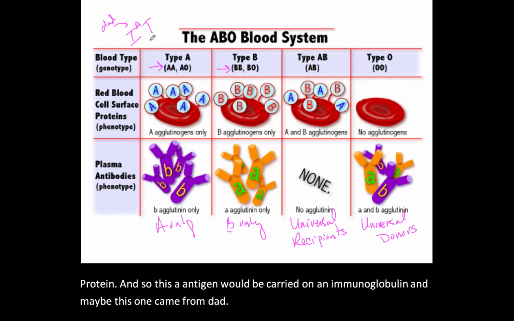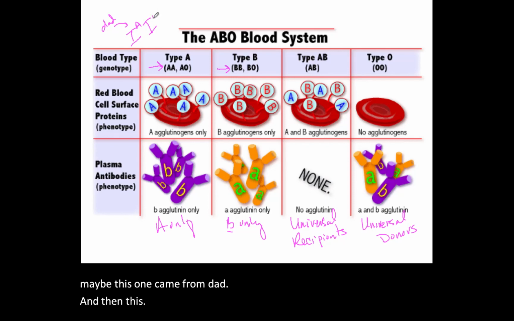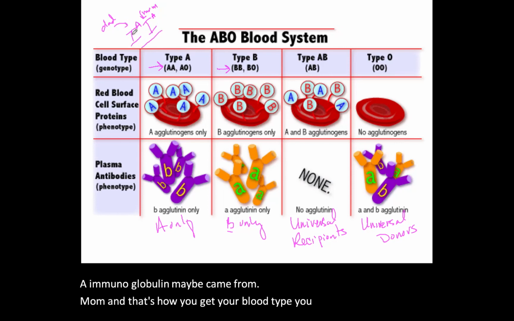And then this A immunoglobulin maybe came from mom. Right? And that's how you get your blood type. You get one allele from dad and one allele from mom.